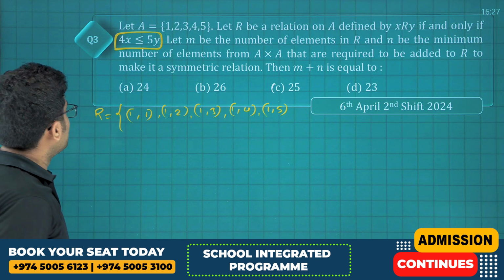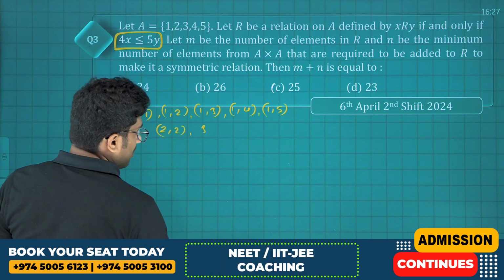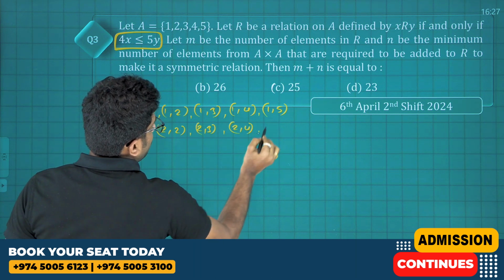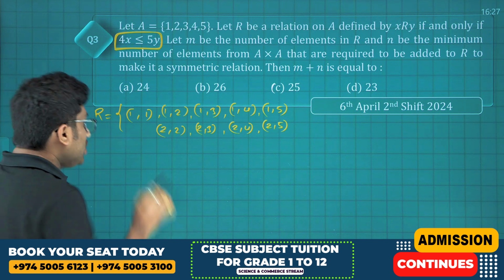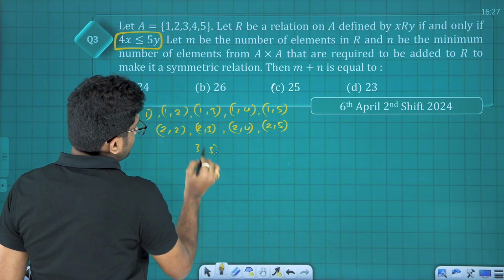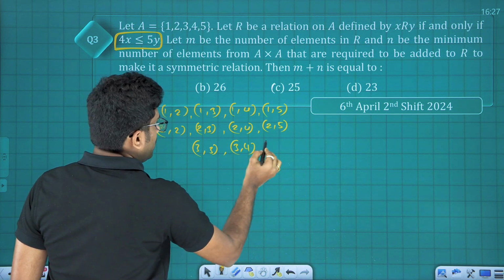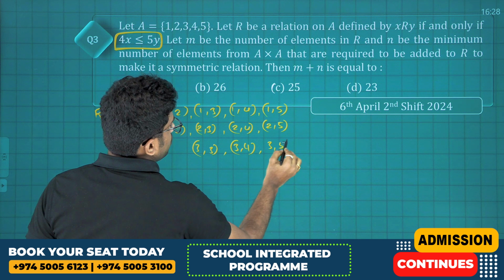Next (2,2) yes, (2,3), (2,4), (2,5), then (3,3), (3,4) and (3,5) will also be in it.